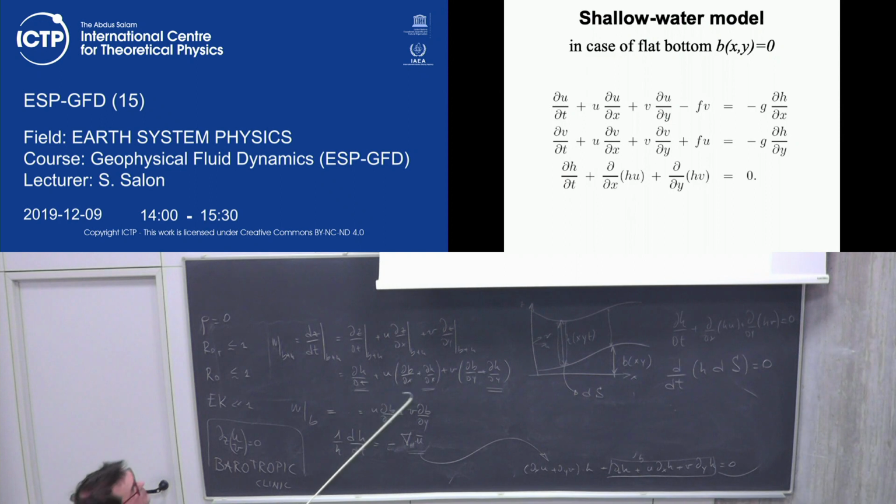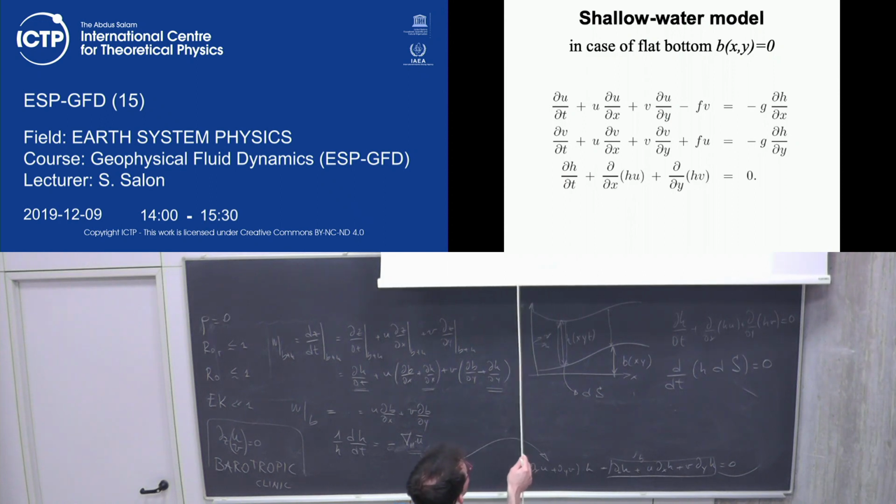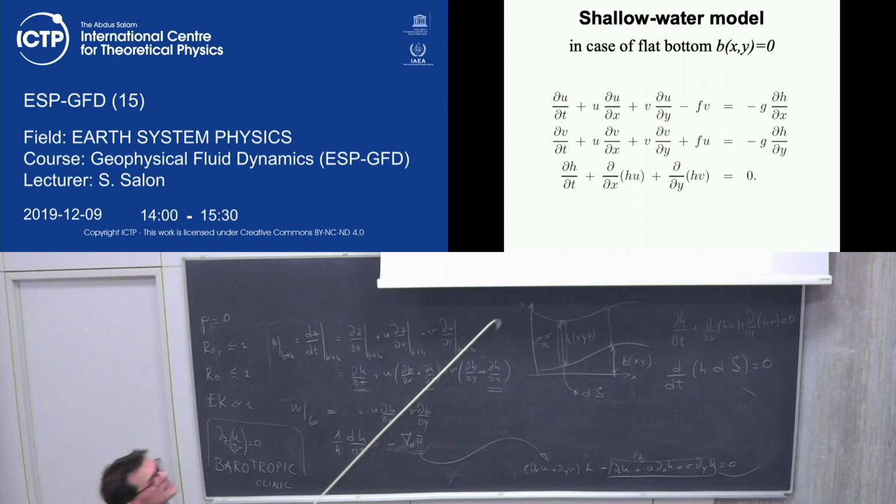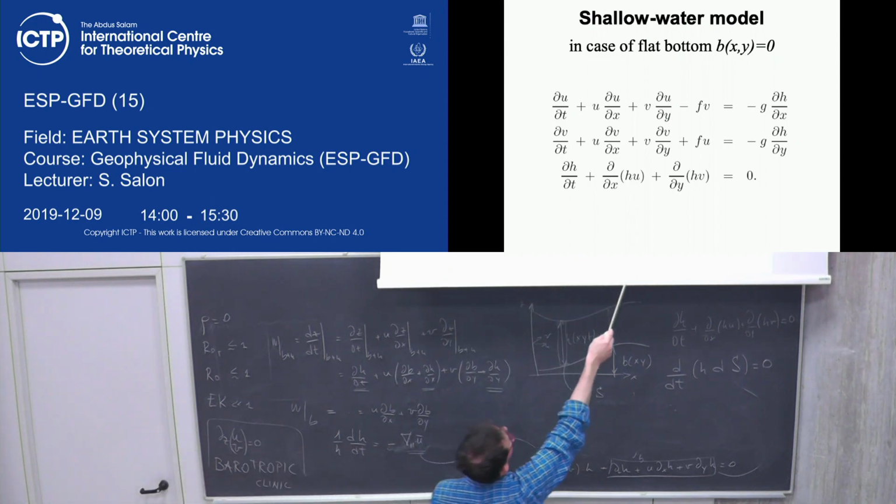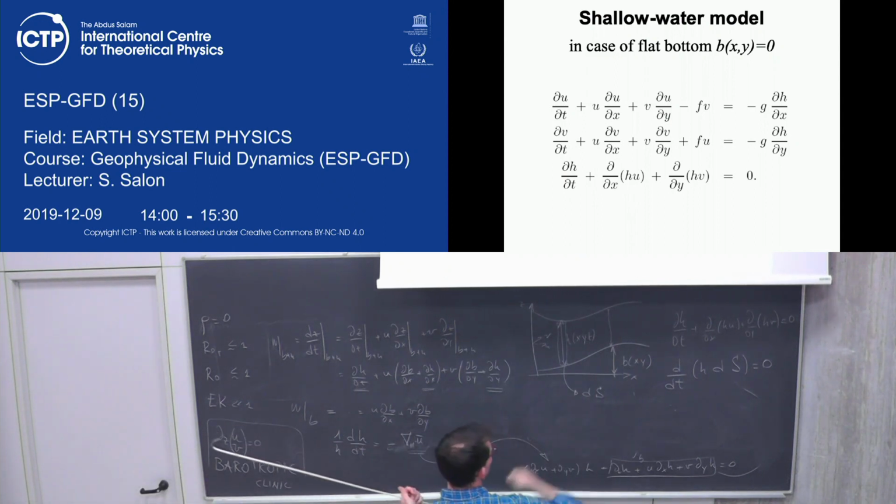But still, we were able to put together the third equation of momentum and the continuity in one single equation, which is this one. So this shallow water model is quite useful, and this is the case when B is equal to 0, so when the bottom is flat.